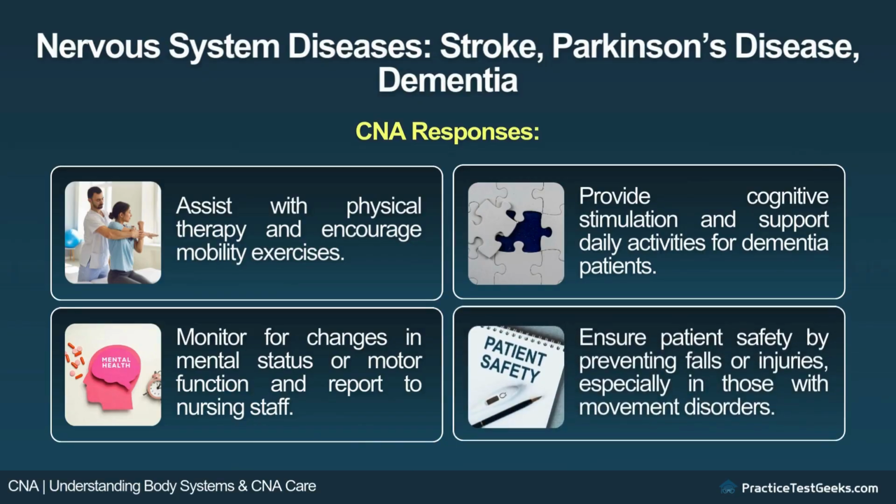Ensure patient safety by preventing falls or injuries, especially in those with movement disorders. Understanding key neurological diseases and appropriate CNA responses is essential for providing safe, effective, and compassionate care. By recognizing symptoms early and supporting patients with both physical and cognitive needs, CNAs play a vital role in maintaining quality of life and ensuring patient safety.